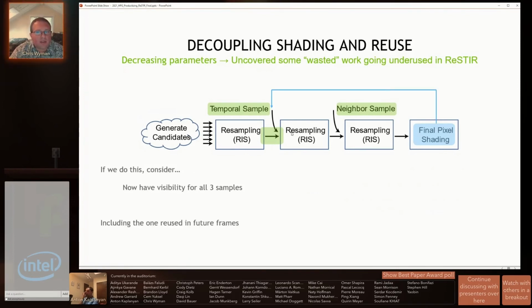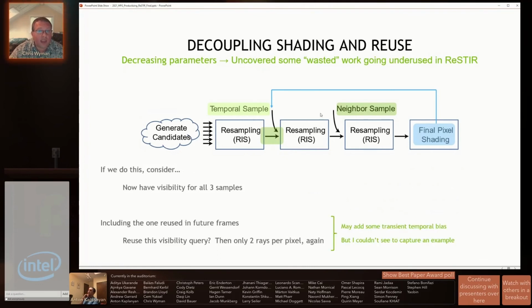But now we have visibility for our final pixel shading, and we're passing that forward. Maybe we're actually duplicating work by shooting a shadow ray again for the temporal sample. Maybe we can reuse that query. And if we do that, we are down again to only 2 rays per pixel, where we shoot 1 for our candidate, 1 for the neighbor, and then we reuse the temporal sample.